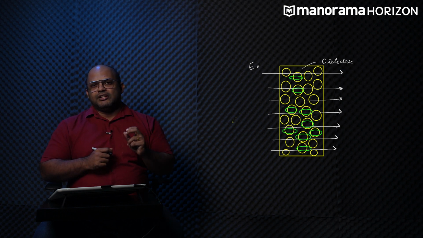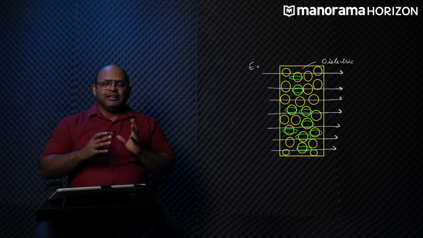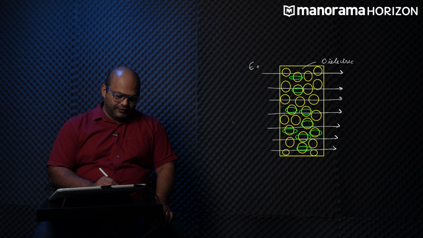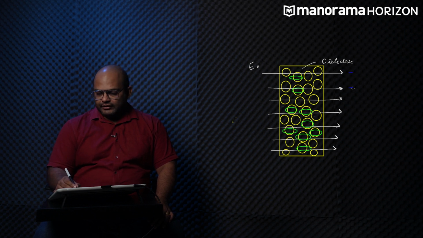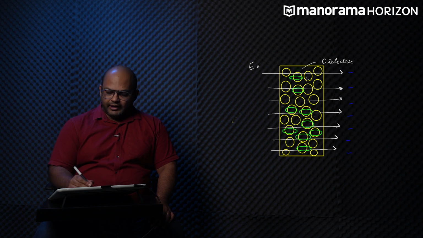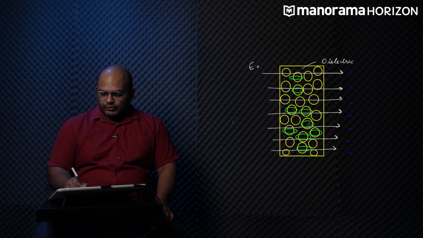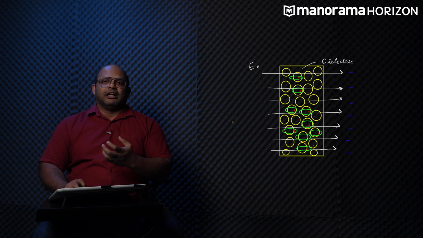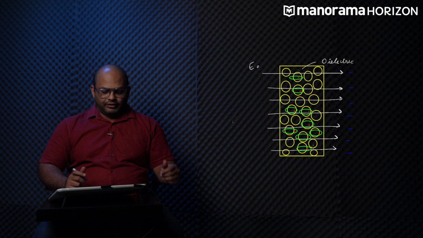Remember, the positively charged nuclei are feeling the effect of the attraction from the negative end of the electrical field. So here we have the negative end of the field to which the positive nuclei are being attracted. So there will be a slight shift in their position with respect to their parent molecules, while the electron clouds inside these molecules or atoms will be feeling the attraction of the positive end of the electrical field.